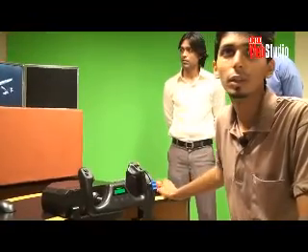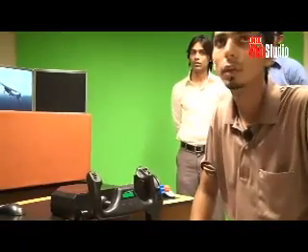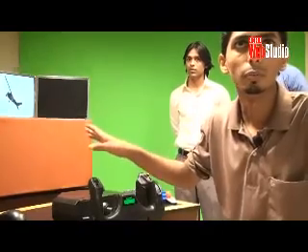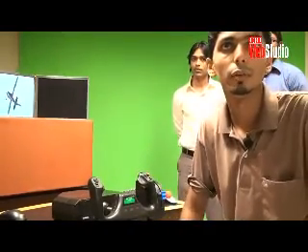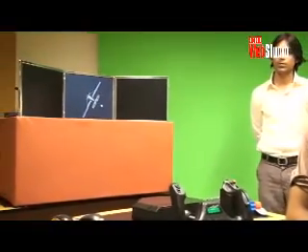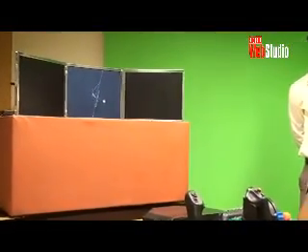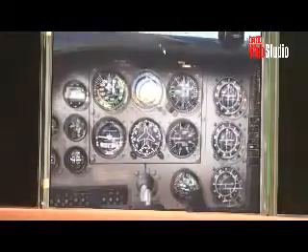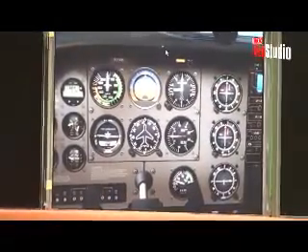The unique thing in this is that we have a 4 LCD display. Other cockpits have 2 or 3 LCD displays. Another major thing is the instrument panel. These are some instruments that are a basic requirement of an aircraft.